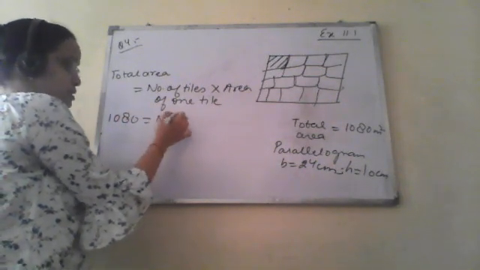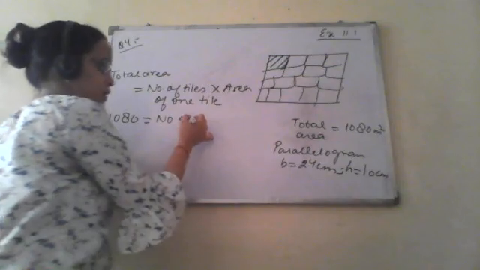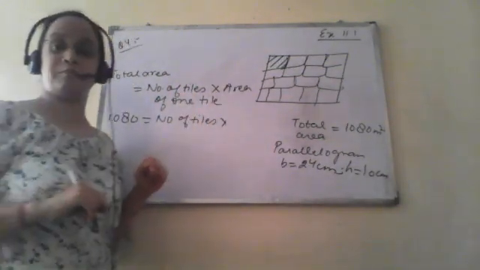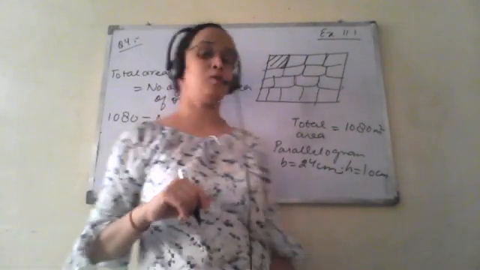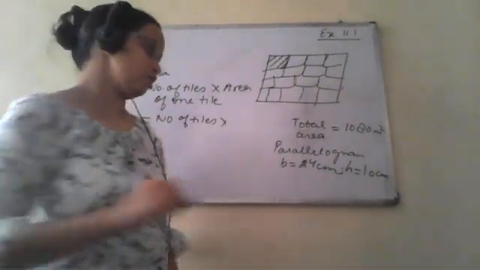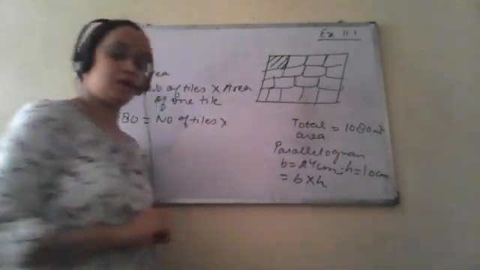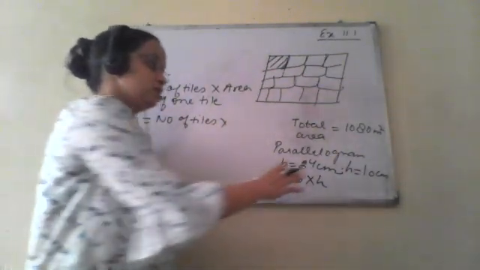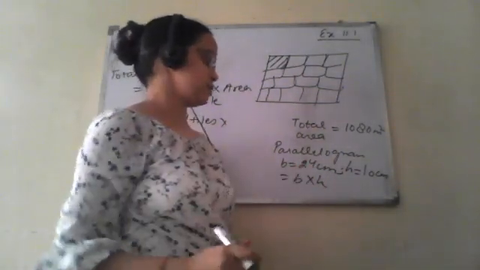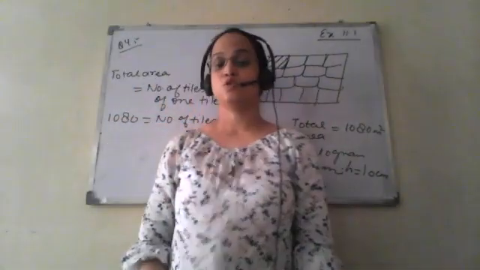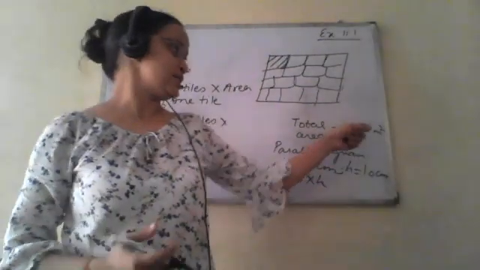Number of tiles we have to calculate, and the area of one tile. What is the shape of the tile? It is a parallelogram. And what is the area of a parallelogram? It is base into height. Okay. The dimensions of the parallelogram, base and height, are given in centimeter, and the area is given in meter square.